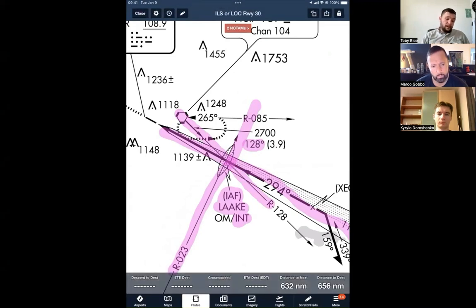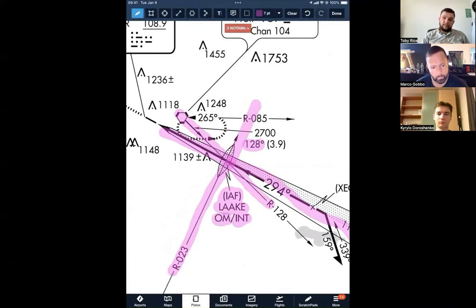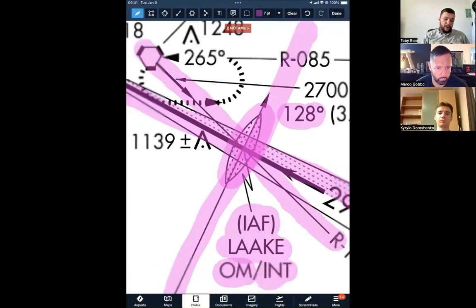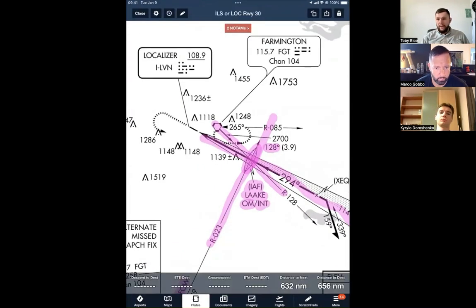It's also an outer marker. That's what this little oval shape here is. When you fly over an outer marker and you have your markers on your audio panel set to where the sound is turned on, when you cross over that point, you will hear a doot, doot, doot, doot sound.